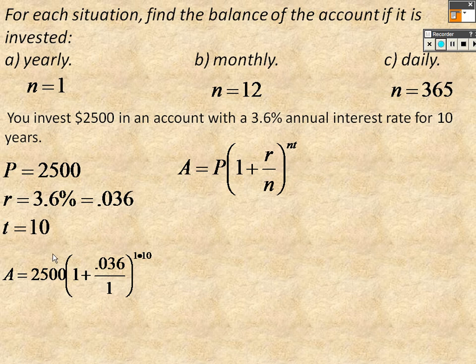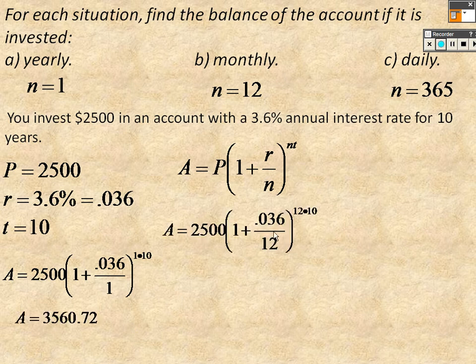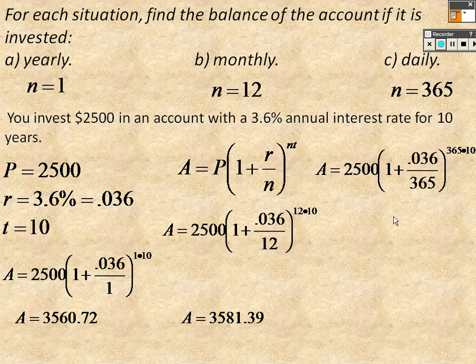I plug that in for P. N for yearly is 1. The rate is 0.036 and T is 10, and we end up getting that. Then I change this to 12 because it's now for monthly, and I'm getting 3,581.39, and daily is 365, and I end up getting 3,583.26.